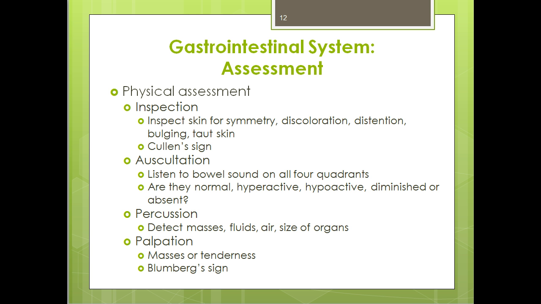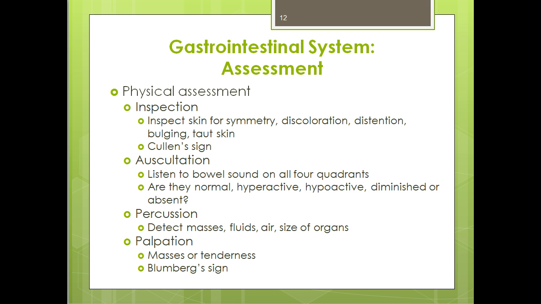To prepare a patient for examination of the abdomen, always make sure the patient has an empty bladder, and that they lie in a supine position with their knees bent if possible, keeping the arms at the sides so they won't get tense and tense up their abdominal muscles.